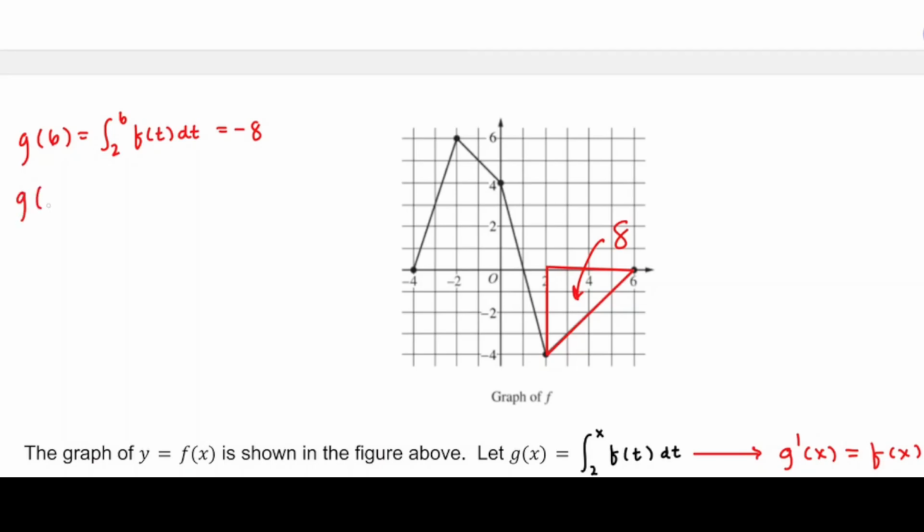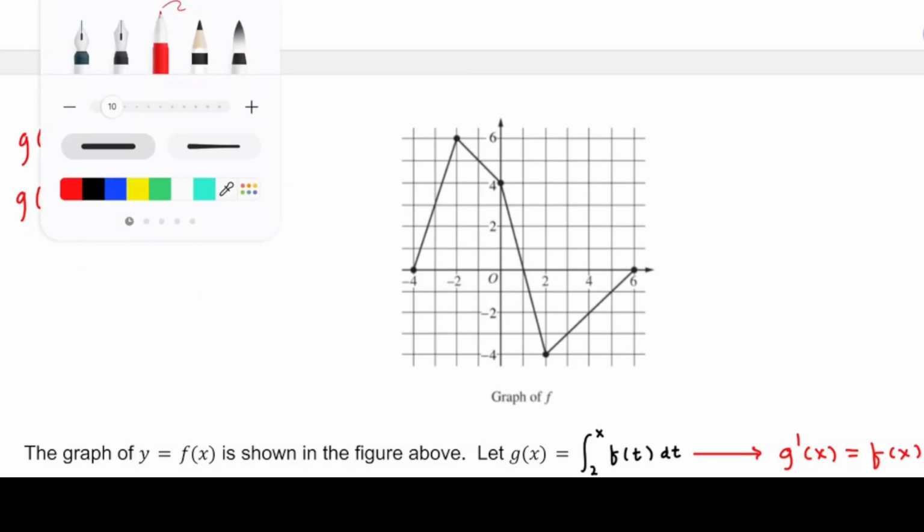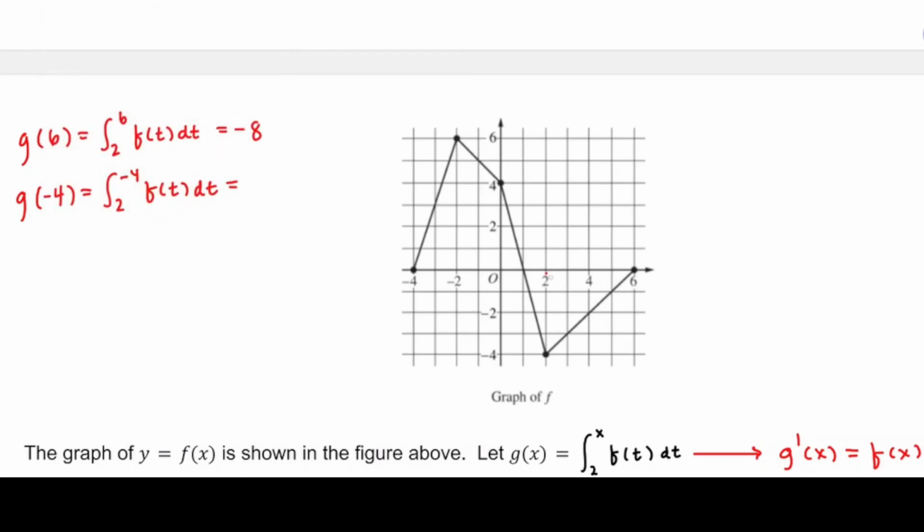Okay, g of -4 equals the integral from 2 back to -4. Then go and, whoops. Okay, so since this one's like geometry, I'm going to reverse the bounds and just make the integral negative. And you can do this however you want, but for me, I think that makes it easiest.